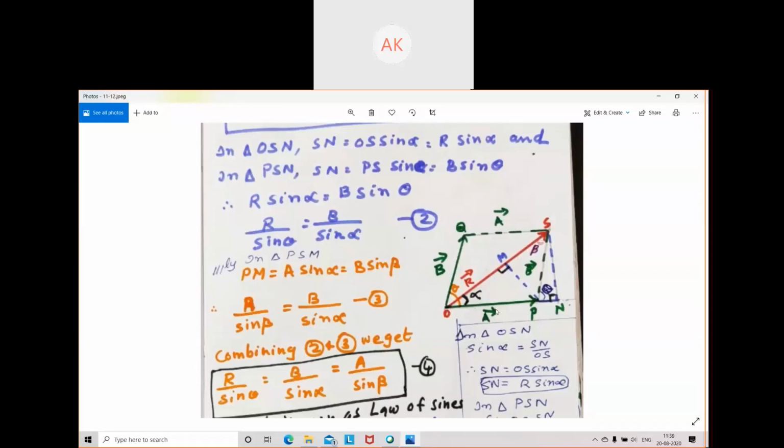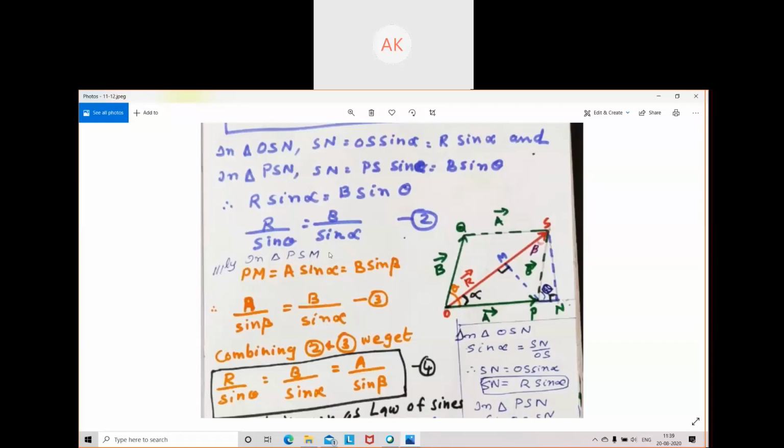Both are equated. Using this triangle, PM equals A sin alpha, and using the other, PM equals B sin beta. Both are PM, so we can equate them. So A by sin beta equals B by sin alpha.